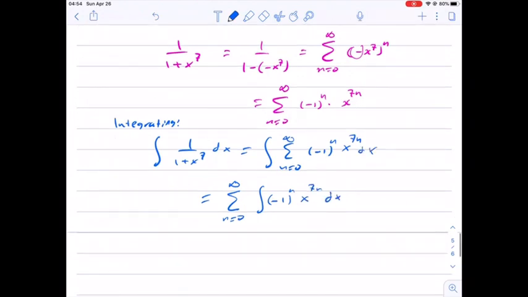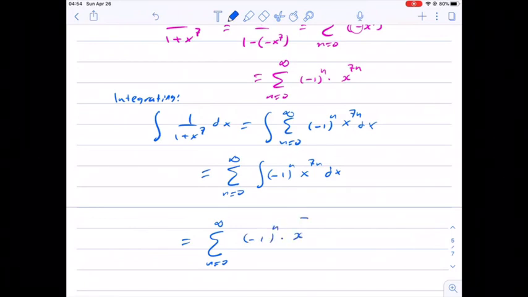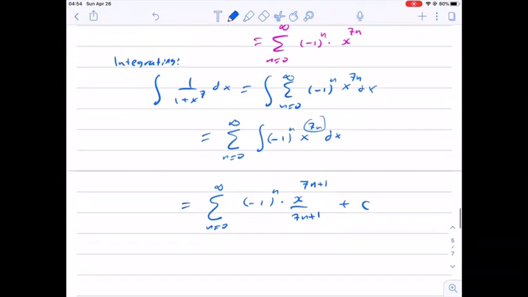And then we integrate this function. We get the sum n equals 0 to infinity negative 1 to the power n x to the power 7n plus 1. We add 1 to the power of x and divide by the new power, plus some constant c.